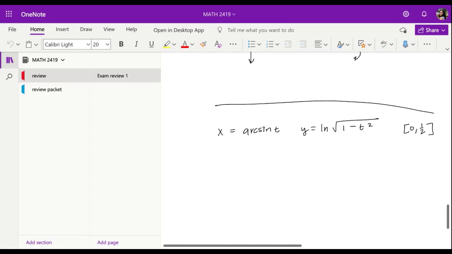Our equation for arc length is the integral from a to b of the square root of (dx/dt) squared plus (dy/dt) squared.